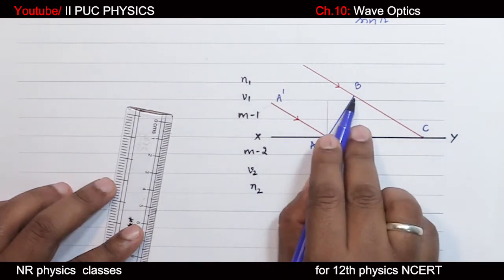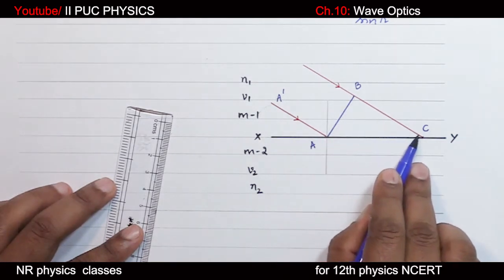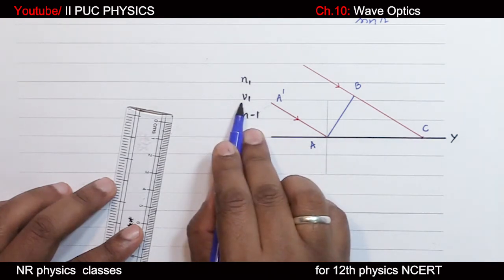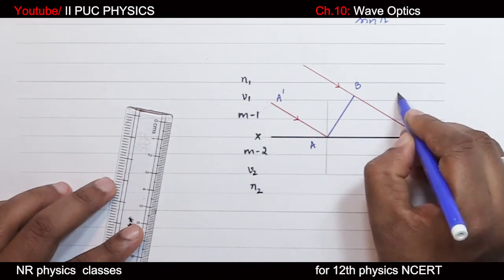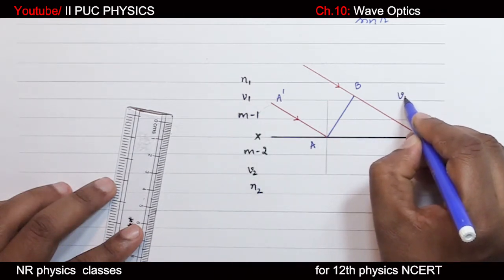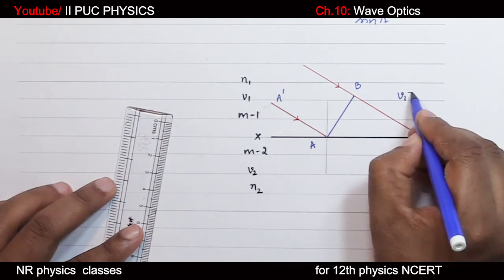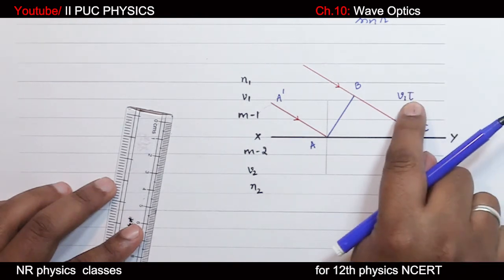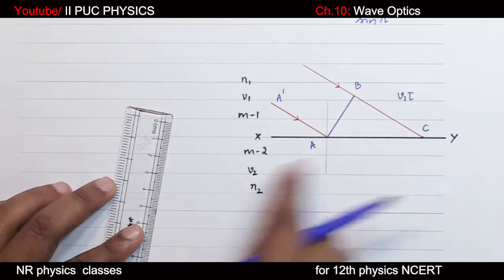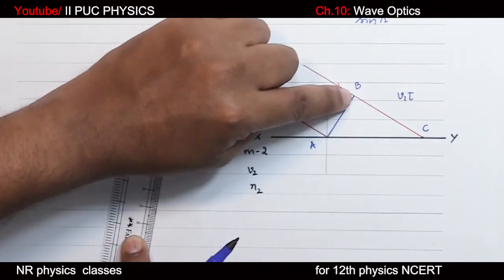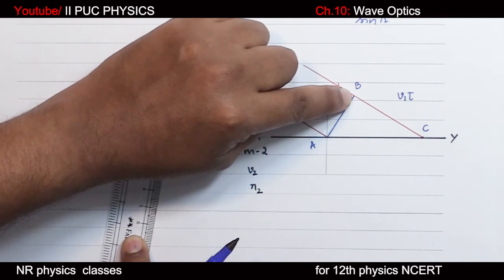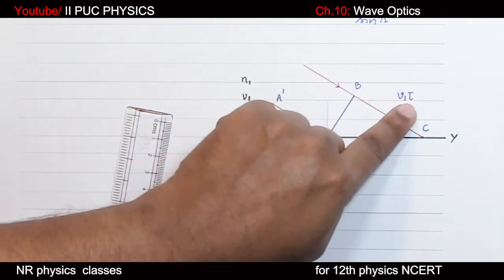If the speed of light in this medium is V1, and tau is the time taken by the wave to travel from B to C. See, the wave is traveling with some speed V1. Time taken to cover BC is tau.